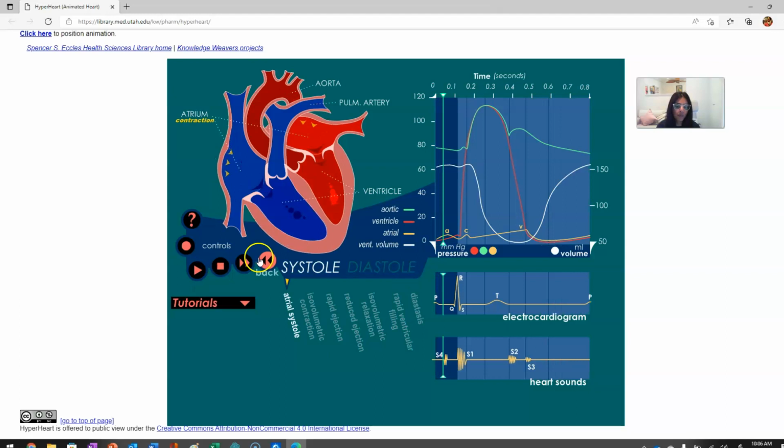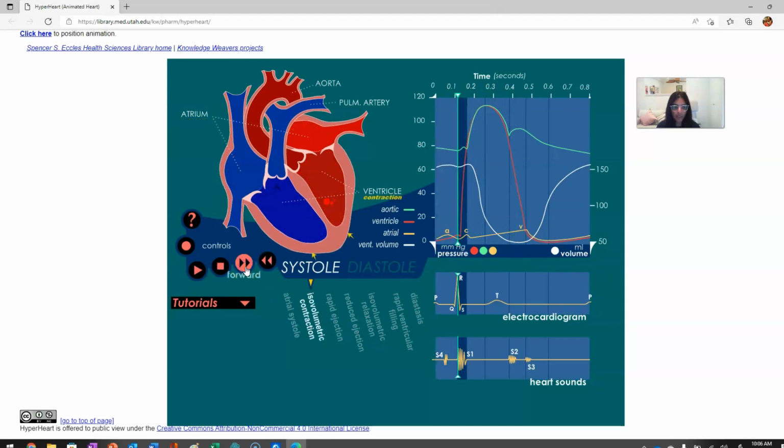Now, as we're looking at that, if we look over here at this diagram, we're going to be looking at the red line on the graph. As we progress through, we are now at the start of the ventricles, so these yellow arrows are showing that the ventricles are going to start contracting.